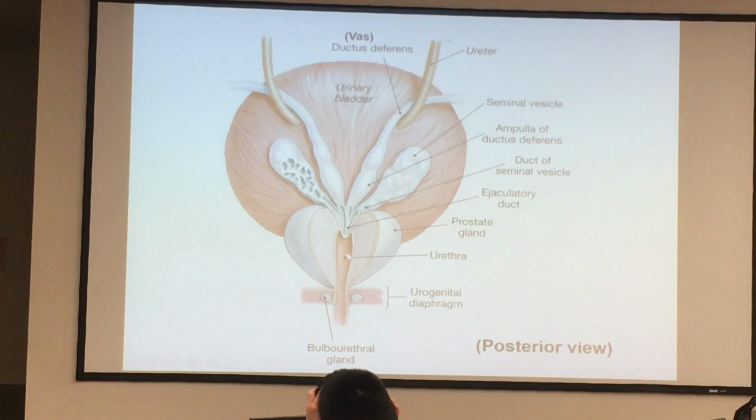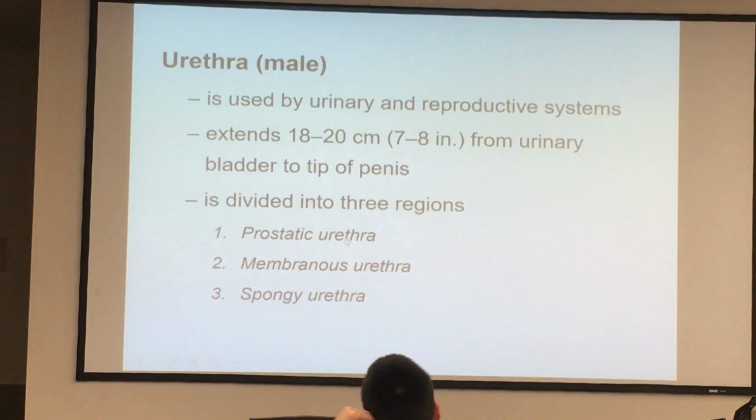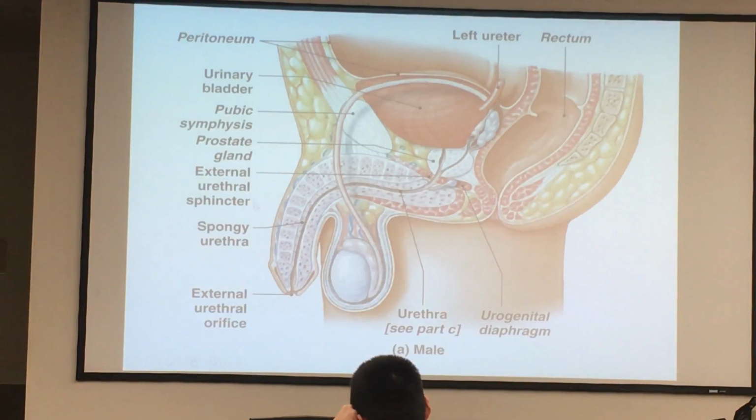Only during sexual activity will you eject this sperm together with the seminal fluid. And then it goes to the tube called the urethra in the male. It's very long, 7 to 8 inches, 20 centimeters. Divided into 3 parts: prostatic urethra, membranous urethra, spongy urethra.